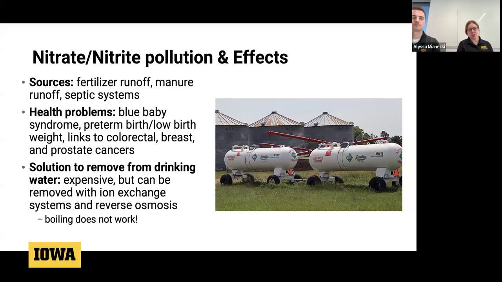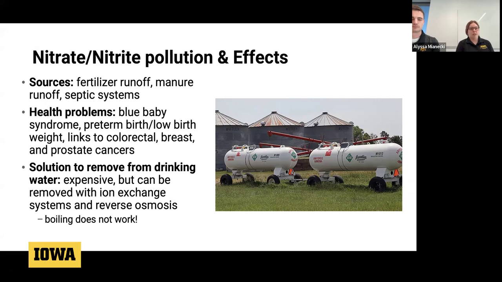And that would be an emergency room visit to make sure that the baby will be okay. If pregnant women are exposed to too high of nitrate concentrations in their drinking water, it could lead to preterm birth or low birth weight for their babies. There's also been lower level chronic risks linking to cancers like colorectal, breast, and prostate.